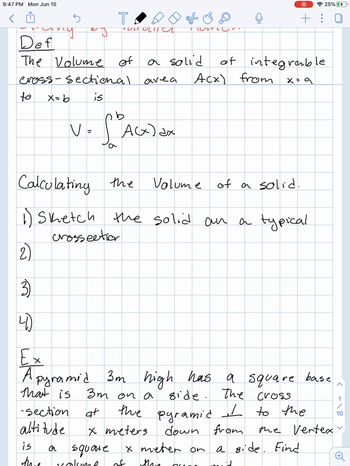Is it a circle? Is it an oval? Is it just some random curve? What's that going to look like? Second, we're going to find a formula for A of x. Once I have what that typical cross section looks like, that should really help me find an equation for the area.